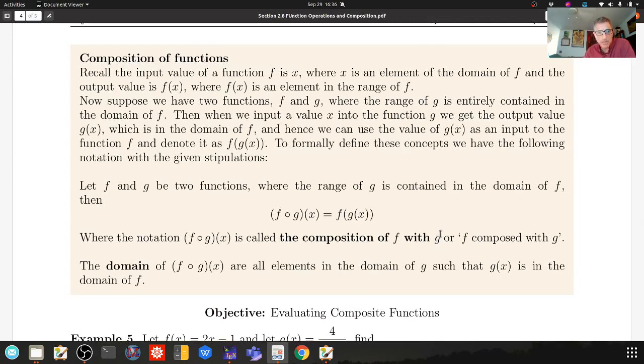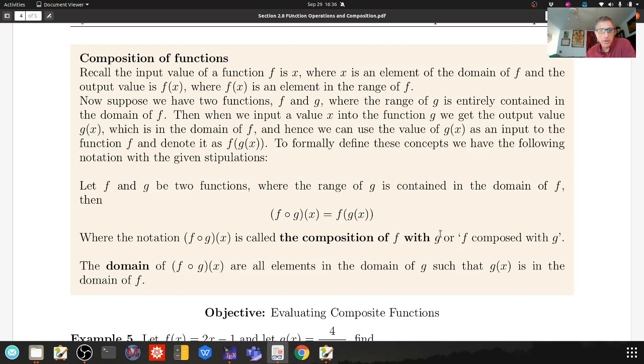Now here comes the big one. It's the composition of functions. So what we're going to do is let the input of one function be the output of another function. So the x value of one function is going to be the output of another function.